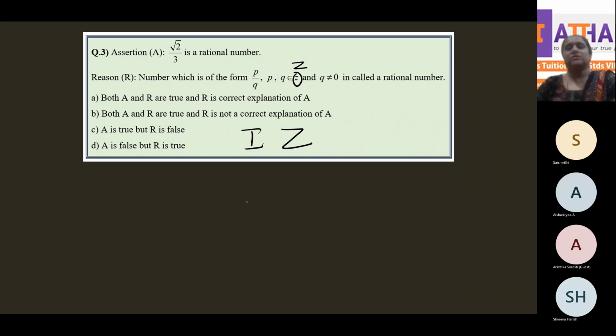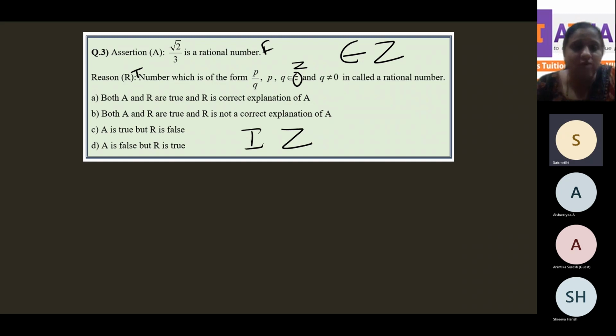So p and q belong to integers, q not equal to 0, is called a rational number. So this one is true, but this is false. So assertion is false, but reason is true.